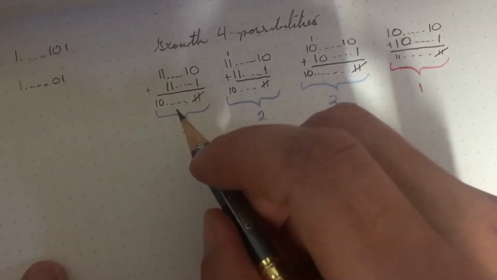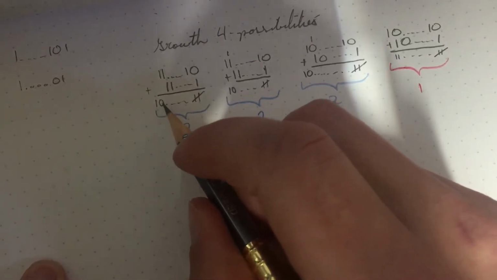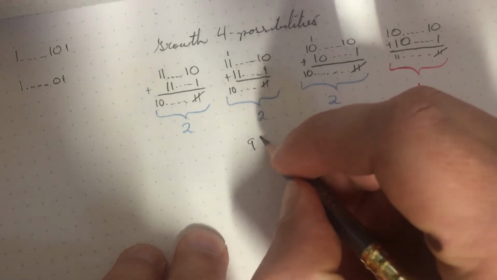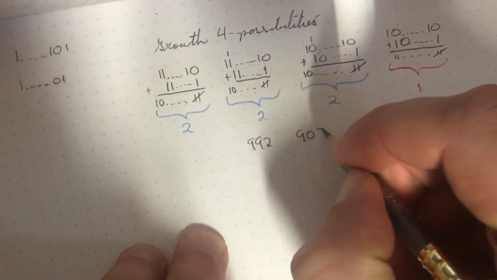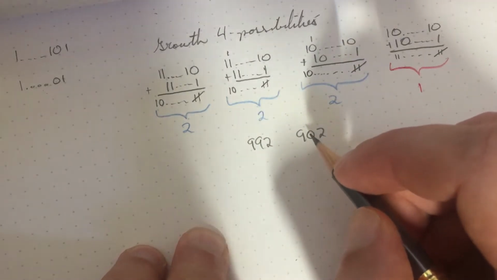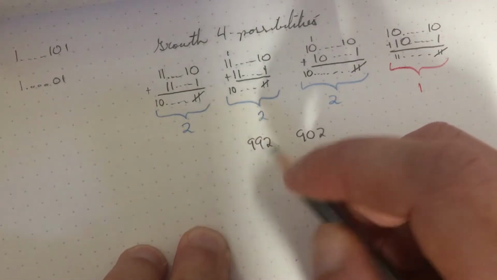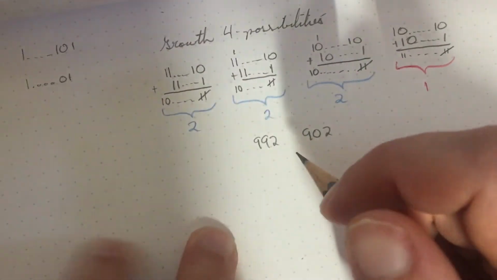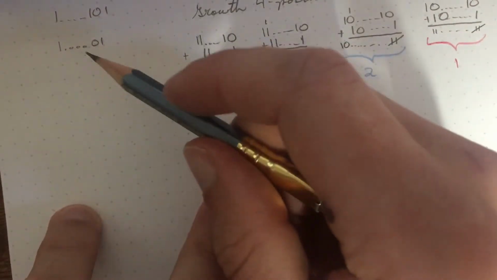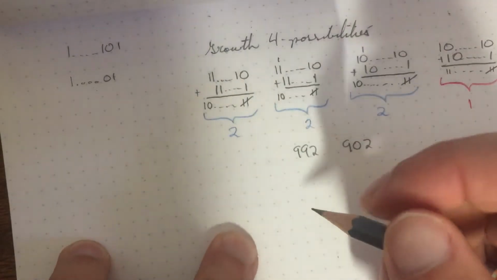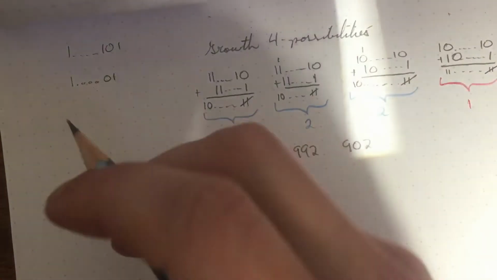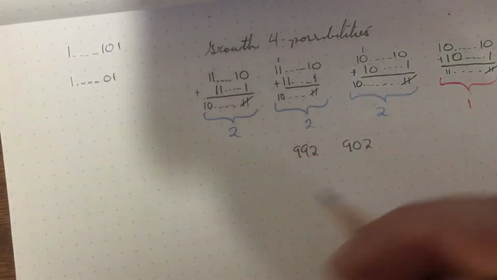And in these 3, because the next highest place value is 0, like this number 902, if I have 0 in the next highest place value, this number has to be less than this one. It's just a feature of the number system. So I can say for any case of growth, doesn't matter what happens, any number of this pattern will be less than the previous one after it goes through the Collatz conjecture.